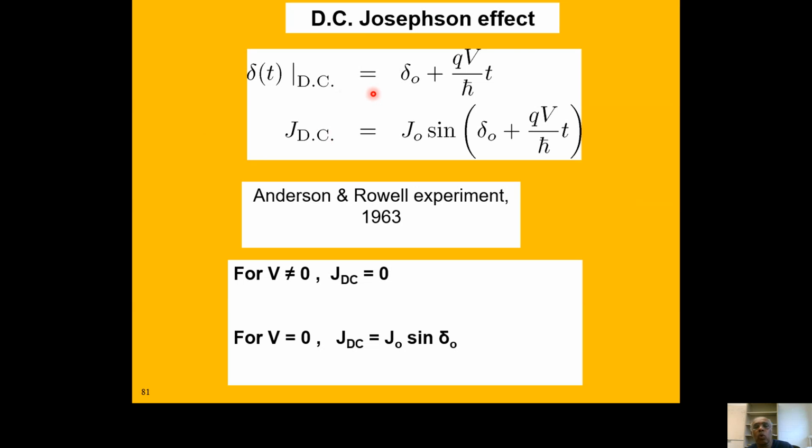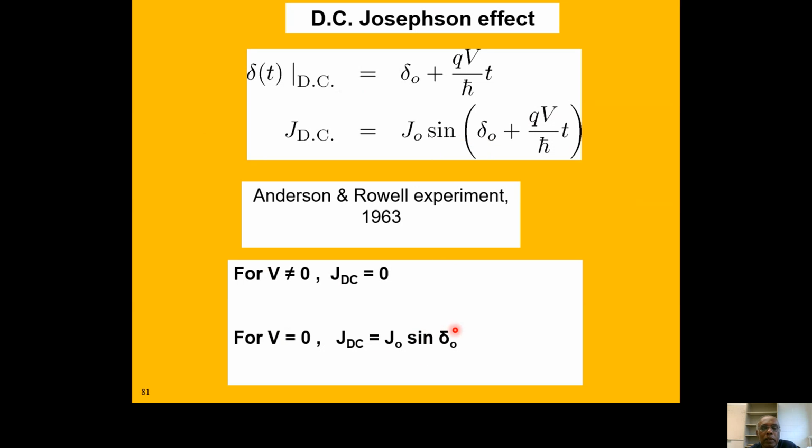If I apply some finite voltage, you will see this sine function is going to average out. But if I don't have any V value, then my JDC is, look at this one: if V is 0, JDC is given by J0 sine delta 0.